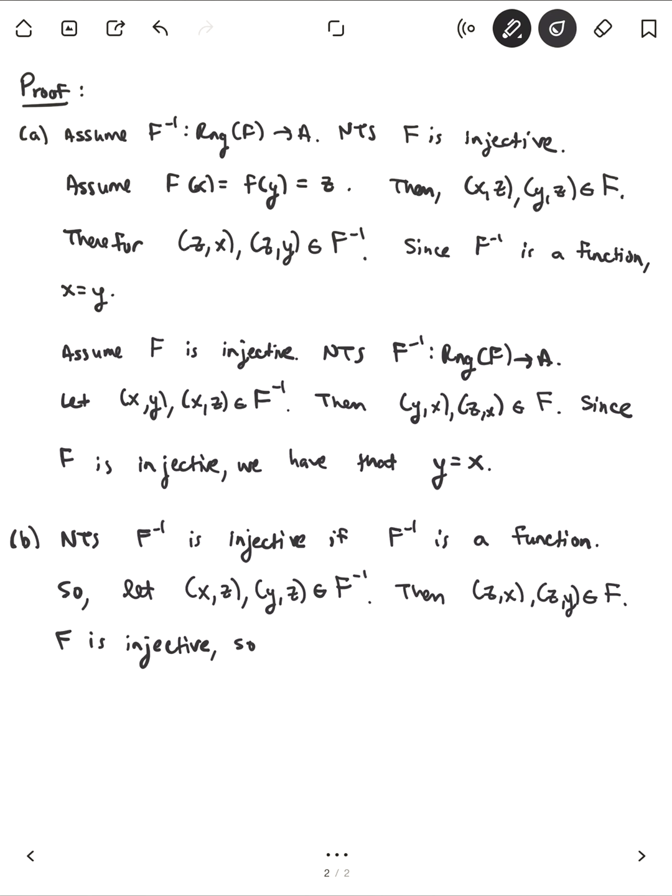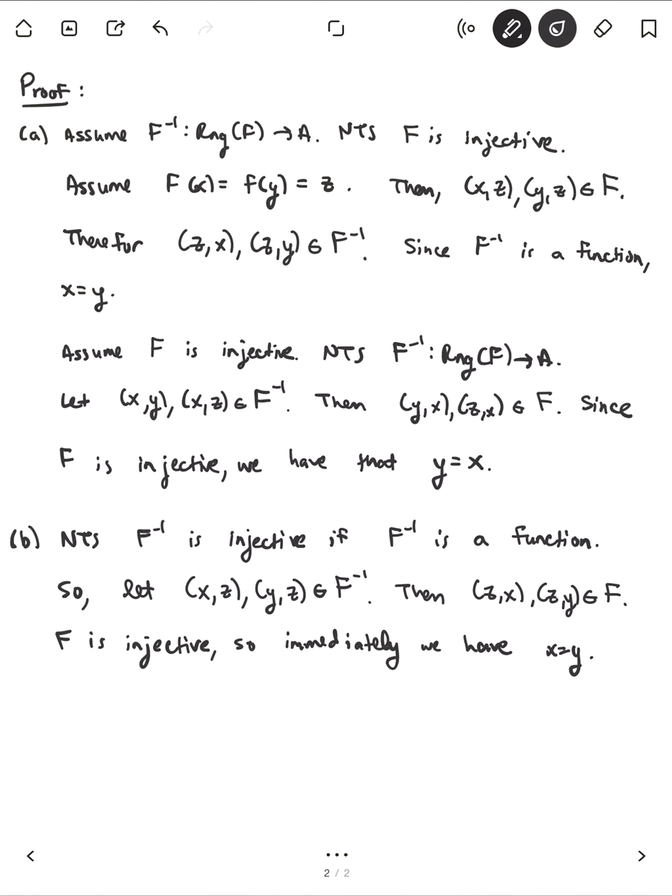So actually, we might not even need that because f is a function. Immediately we have that x equals y.